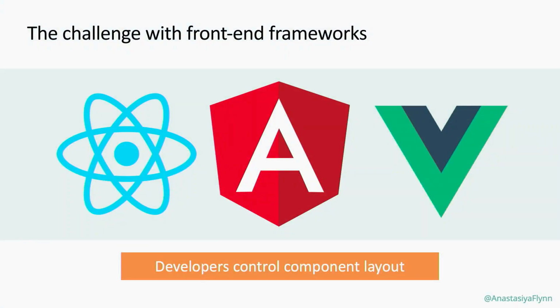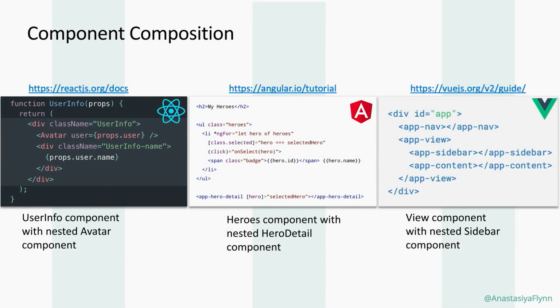So as I mentioned, front-end frameworks are awesome, but they assume a particular workflow, and that is that devs are controlling the component composition. So making that part dynamic required some customization. Here's a closer look at what I mean by the composition needing to be known at development time. I took these samples from the documentation of the 3 main front-end frameworks. They give examples of how code needs to be nested to support nested components.